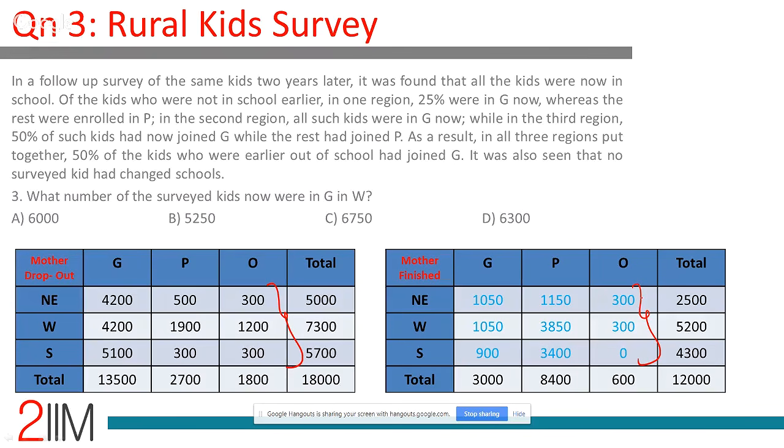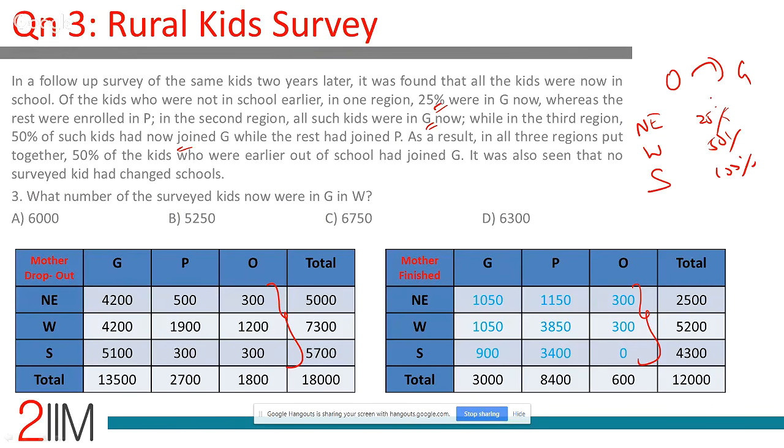In the second region, all such kids were in G now. So 25% in one region, 100% in another region. While in the third region, 50% of such kids now joined school, G, while the rest had joined P. 25% were in G, 100% in G, and 50% in G. So Northeast, West, South, from O to G. So it's 25%, 50%, 100%.